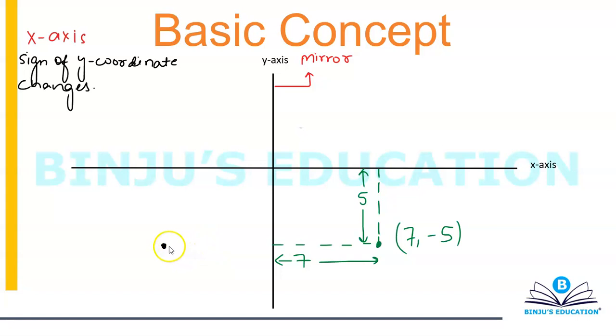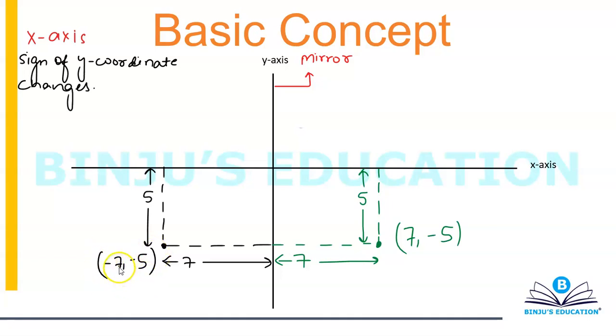Again, the image's distance from the mirror has to be the same, so this here becomes 7, and there is no lateral displacement, so its distance from x-axis has to be 5. Now you're in the third quadrant, so it will become minus 7 comma minus 5. The sign of x coordinate will change.